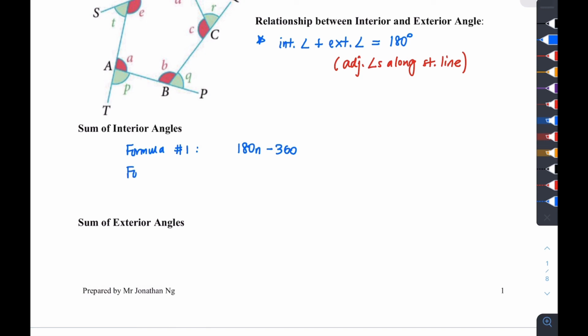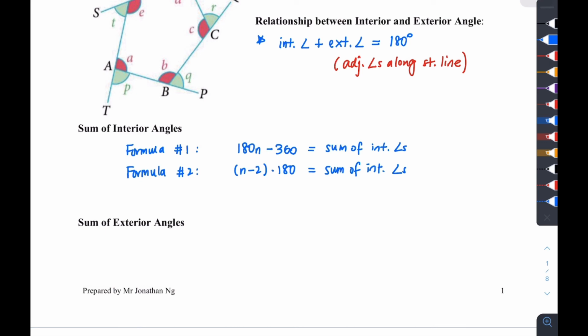The second formula would be n minus 2 times 180 degrees to give you the sum of interior angles. So two formulas for the same thing.